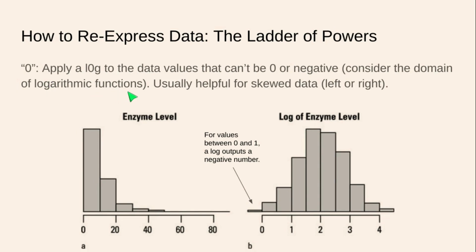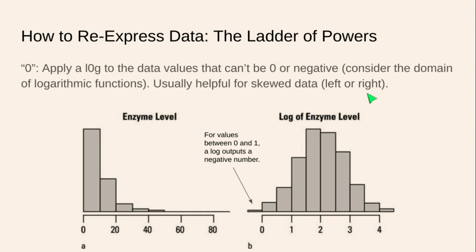A logarithm, without any transformations, has a domain of positive real numbers. That means that we cannot input 0 into a logarithm, all right? So if 0 is not a possible data value, a log is a good choice. And a log is usually helpful for skewed data, left or right.